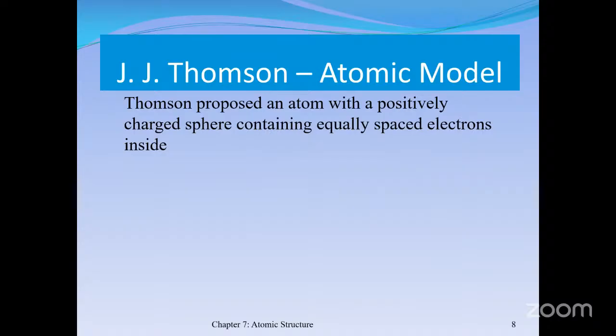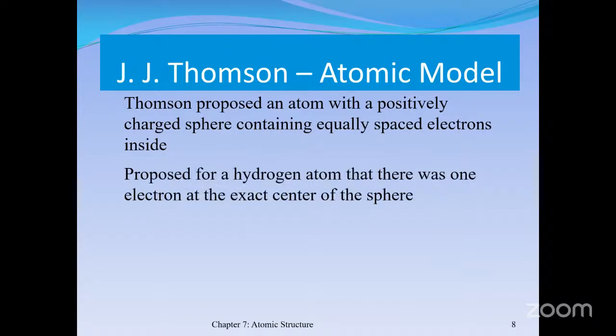He proposed a model where you have a large, relatively speaking, sphere which is positively charged, and then you have electrons embedded in that sphere and equally spaced. For example, for the hydrogen atom, there's only one electron, and that electron sits right in the middle of that large, positively charged sphere.